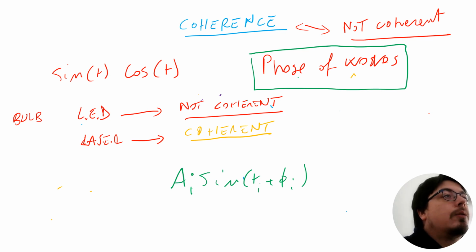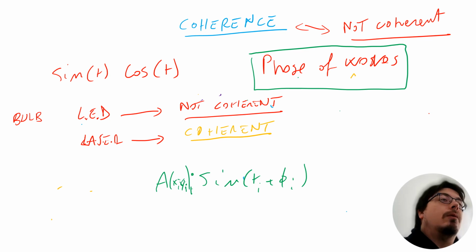And also we need to remember there is space. It's not only time, because a wave is in space and time. So yes, x and y will have their phase as well. So coherence is in the spatial domain and in the time domain, as it should be.